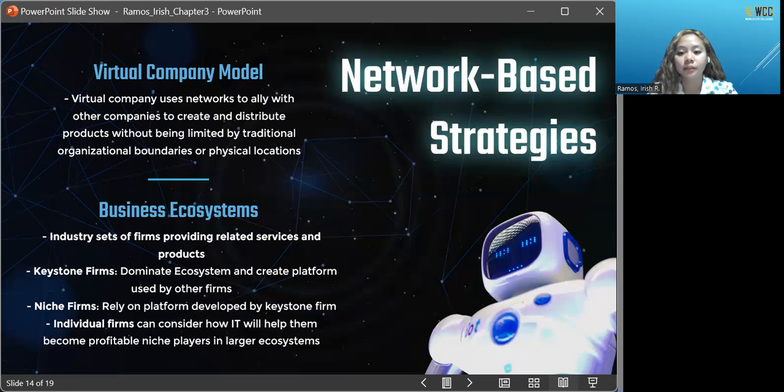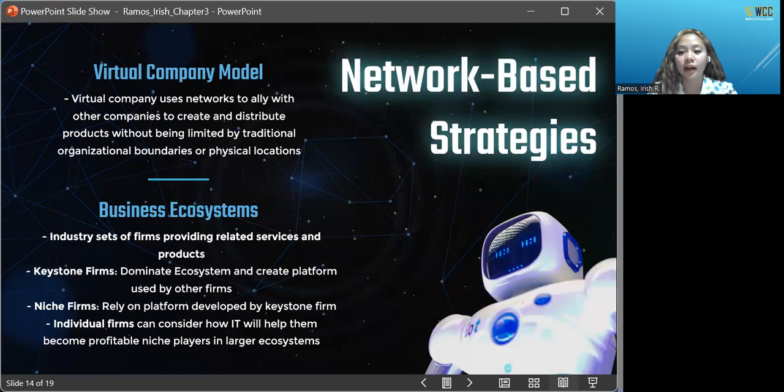Business ecosystems are composed of keystone companies that rule the market and build platforms for other specialty companies. IT is used to create these ecosystems, make them more affordable and beneficial for all participating companies.